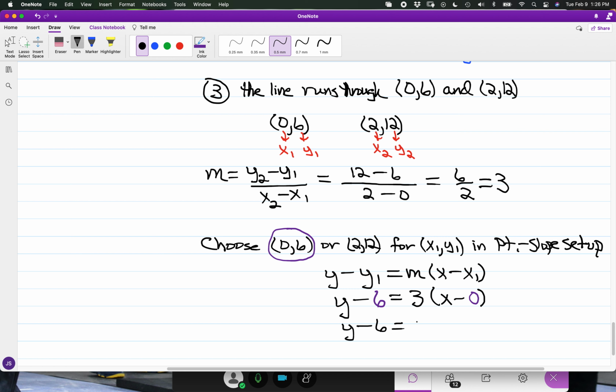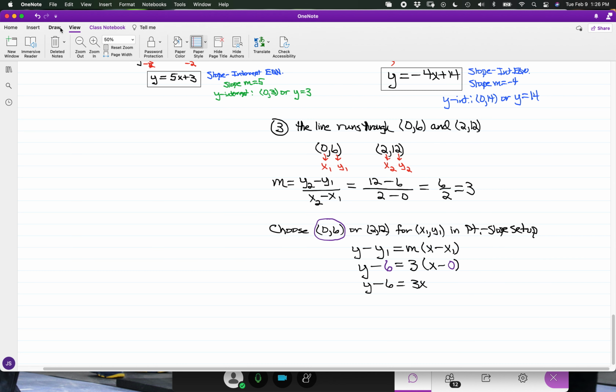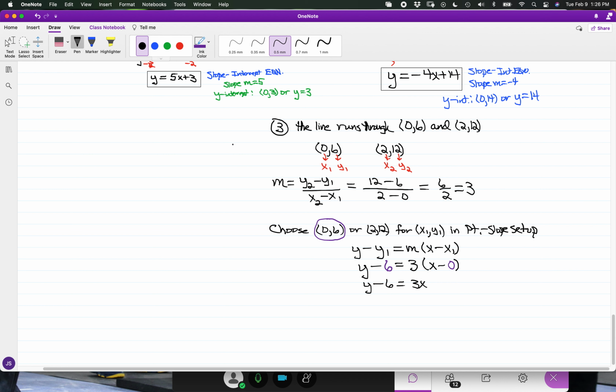Here we have y minus 6 is equal to 3x. Getting the y term by itself, we'll have that y is equal to 3x plus 6.